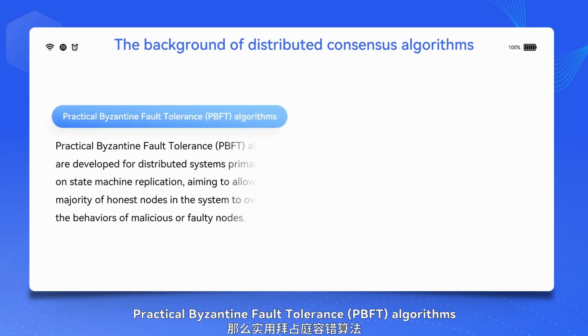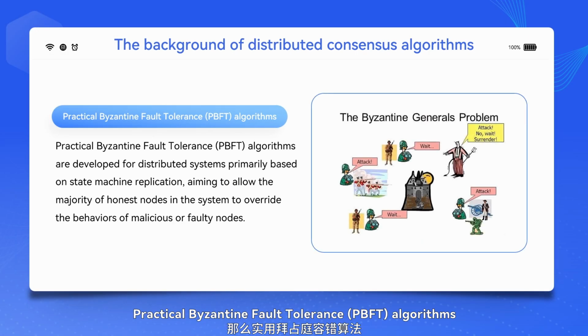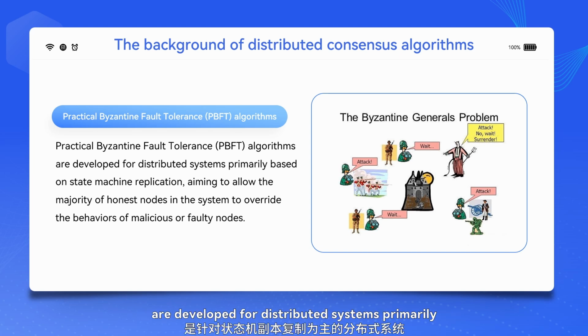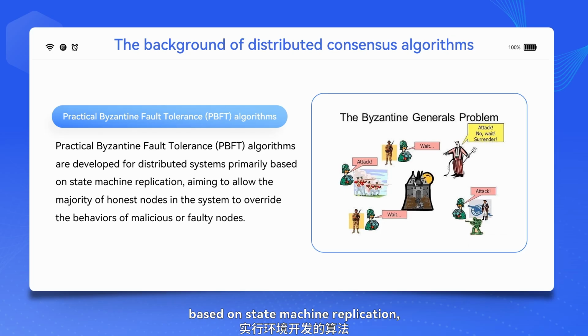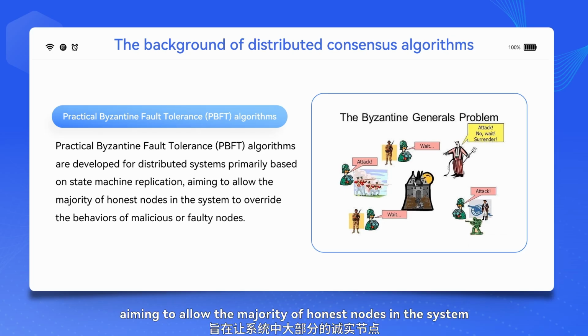Practical Byzantine fault tolerance, PBFT, algorithms are developed for distributed systems primarily based on state machine replication, aiming to allow the majority of honest nodes in the system to override the behaviors of malicious or faulty nodes.